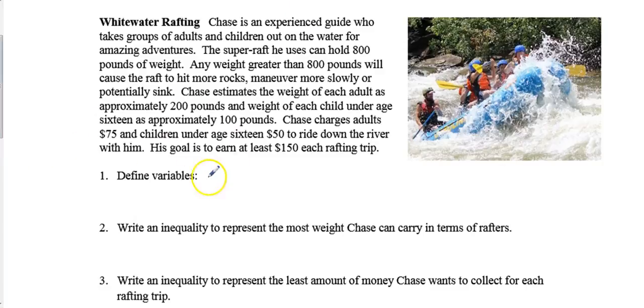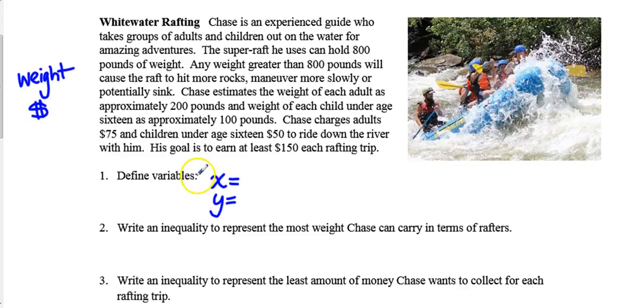From all of our class practice, I know that I'm going to have x and y. I may not be sure yet about what my variables are, so I'm going to go back and look to see what's measurable, or what are the two things being discussed. I see information about weight, and I see information about money.